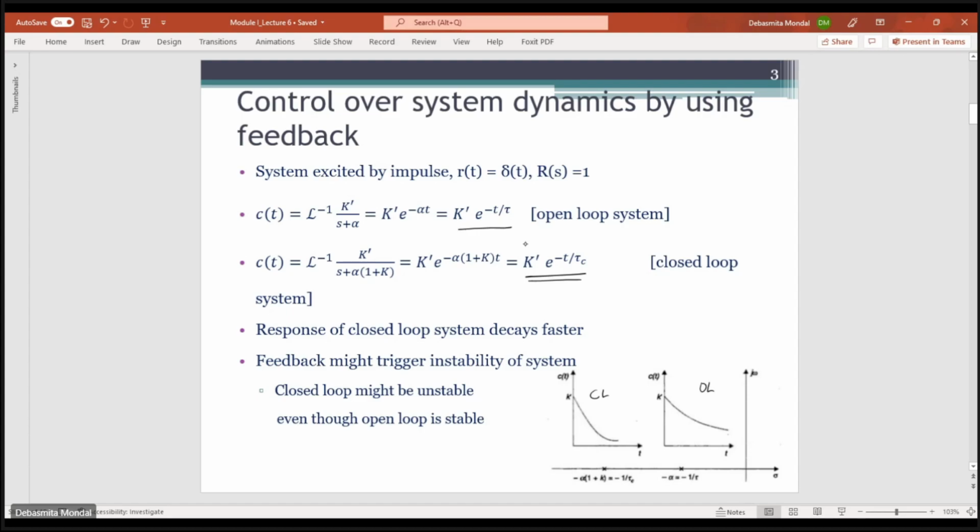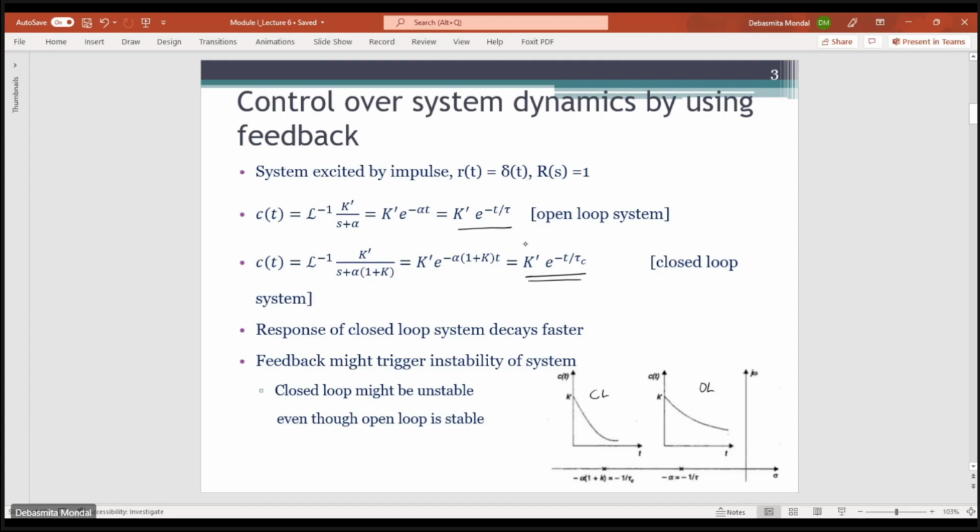If you write the expression for C(s) by N(s), considering N(s) as the input, even though it is not a desirable input, since we want to see the effect of this disturbance on the output, for the condition when R(s) equals 0, that is given by GB(s). This is for the open loop system.